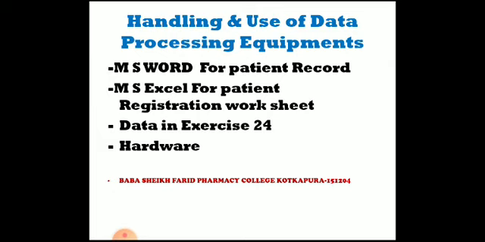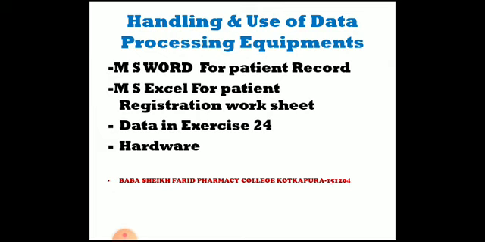The second point is under the software of a computer system, having system software, application software, utility software and the general purpose software. So in that computer system, a few main points are Microsoft Word and Microsoft Excel.